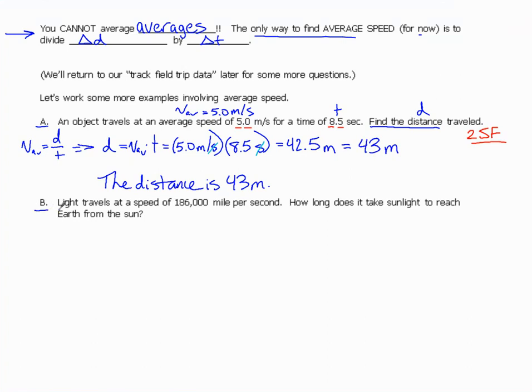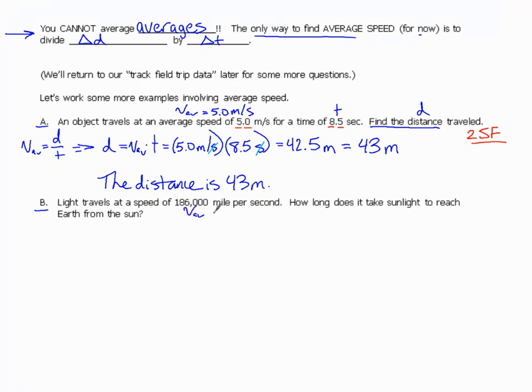Example B, light travels at a speed of 186,000 miles per second. How long does it take sunlight to reach the Earth from the sun? So let's take a look at what we know. We know this is the speed.